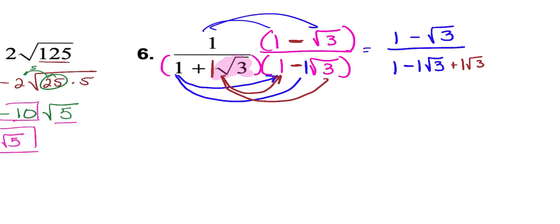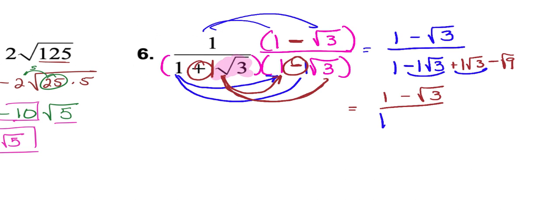And we got a positive times a negative, that's negative, and a root 3 times a root 3, which is root 9. Let's just clean this up a little bit. So we got our 1 down there. Negative 1 root 3 and positive 1 root 3 cancel out. So it's just minus root 9, but the square root of 9 is 3, so it's minus 3. So it's 1 minus root 3 over negative 2.